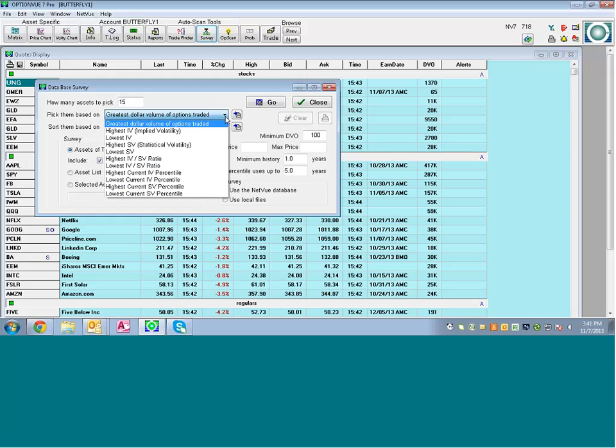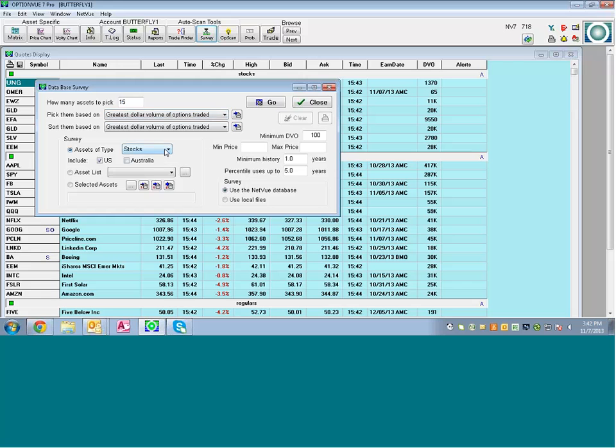Now, there are many choices, and in our user's guide, which I want to show where that is too, by the way, because a beginner needs to see the user's guide, you've got all kinds of choices in terms of what types of scans you want to do globally to find different stock option opportunities. You can also scan for indexes, bonds, commodities, currencies, and then groups of things.